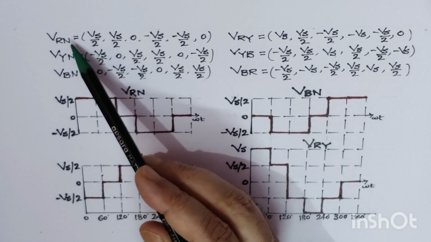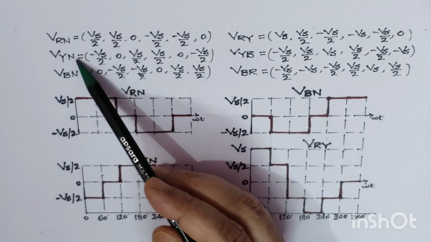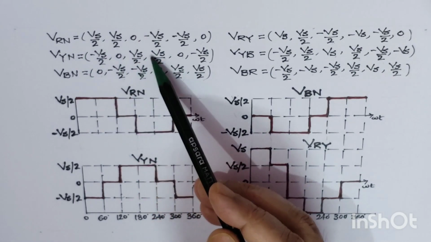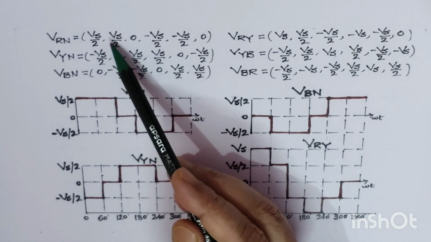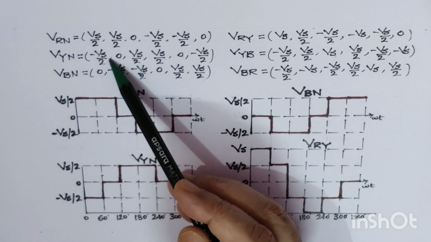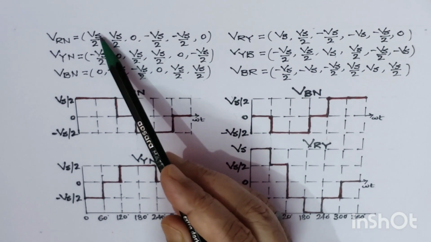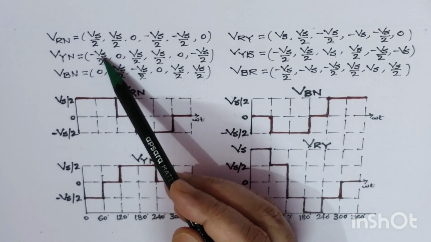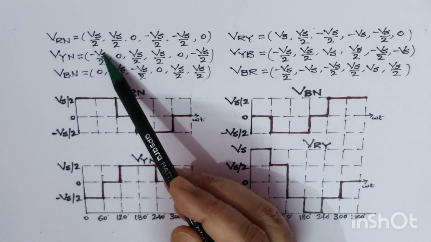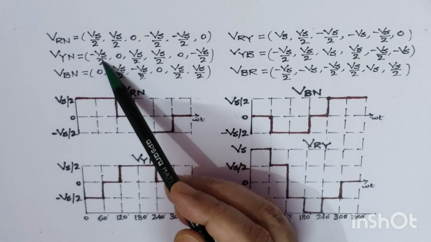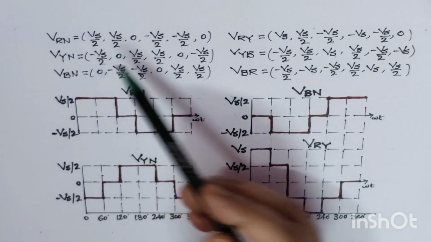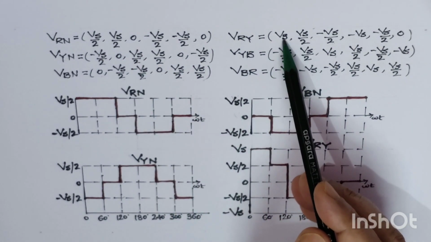If we subtract this minus this, we will find the equivalent line to line voltage. In the first step, this is Vs by 2 and this is minus Vs by 2. So Vs by 2 minus minus Vs by 2 becomes plus, Vs by 2 plus Vs by 2. This comes out to be Vs. That's why it is written here, this is Vs.